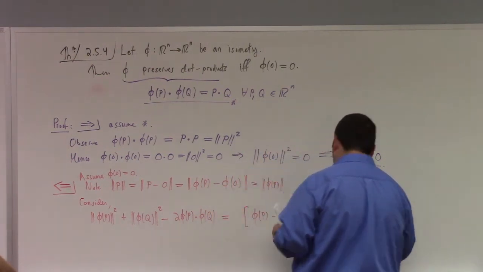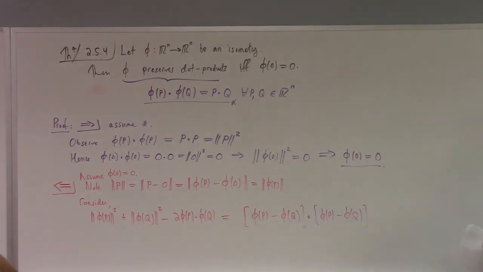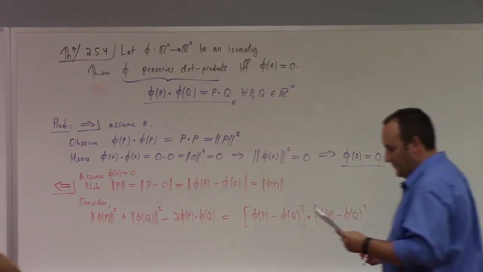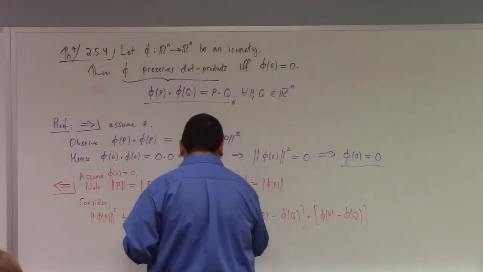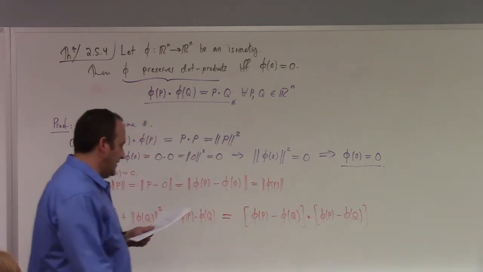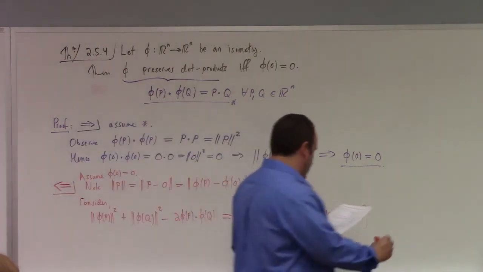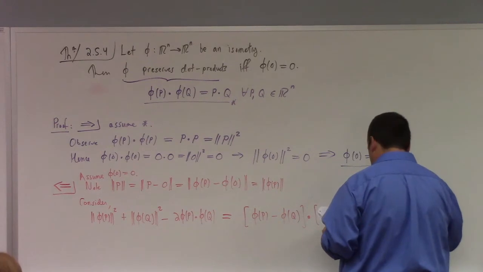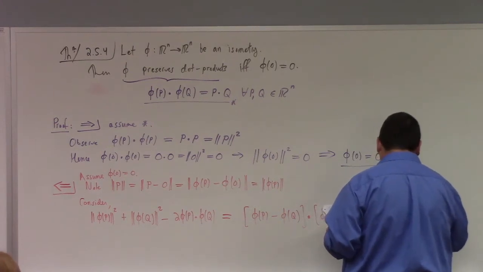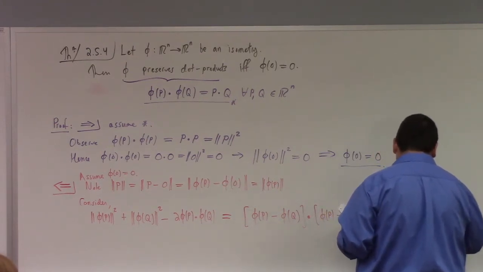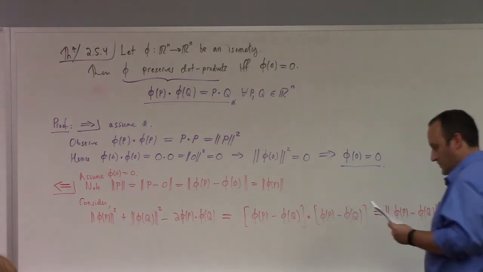The equality I just wrote down is just straight properties of dot product, the fact that the dot product is commutative and it distributes. You can easily work out that the right-hand side is the left-hand side, right? And then what? So that is nothing more than the length of the difference of phi of p and phi of q squared.